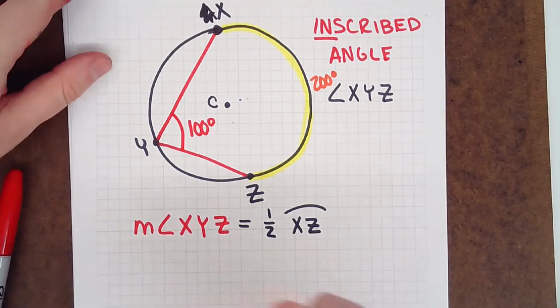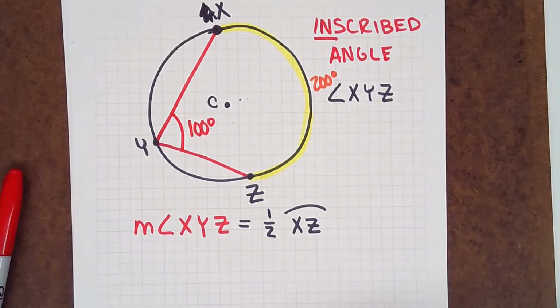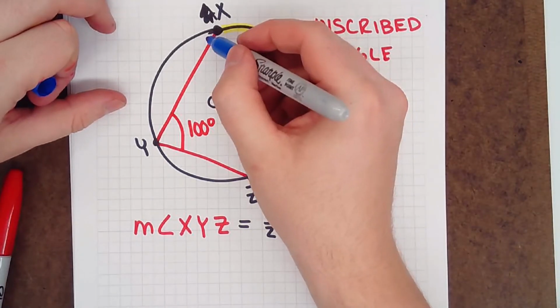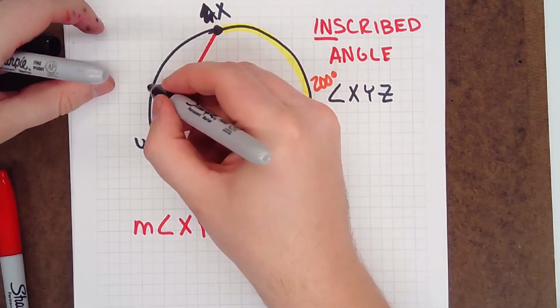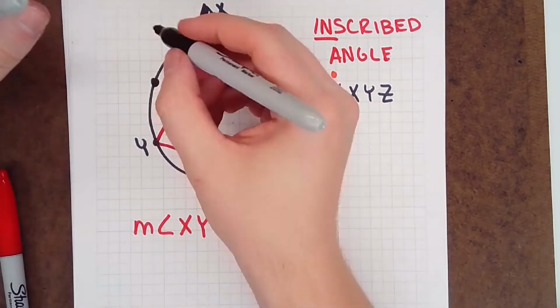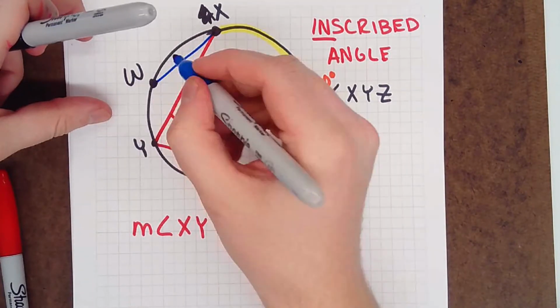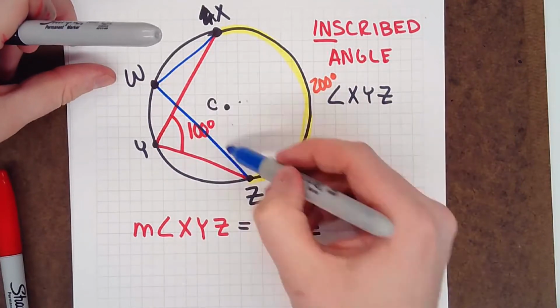What's also cool about inscribed angles is that if I was to draw another inscribed angle on here, and I'll do that in blue, and I use the same points except for the vertex. So let's use this guy right here as the vertex. We'll call it W. So if I made an inscribed angle XWZ, you'll notice that this inscribed angle opens up to the same arc.